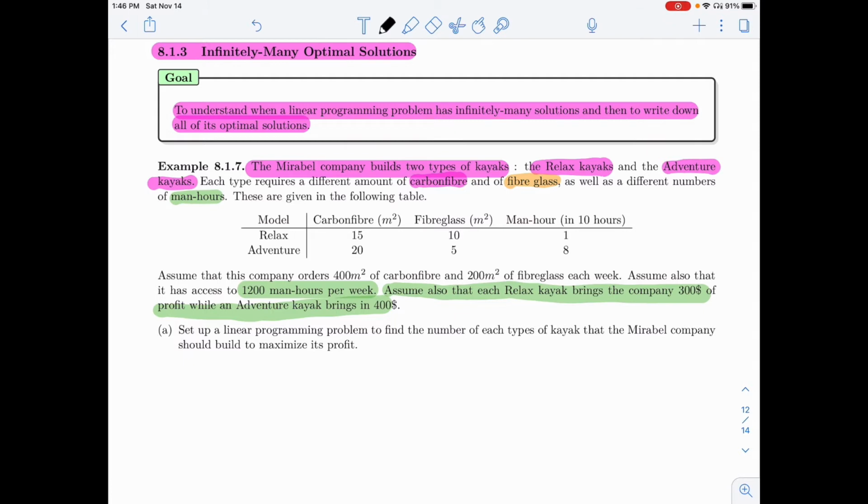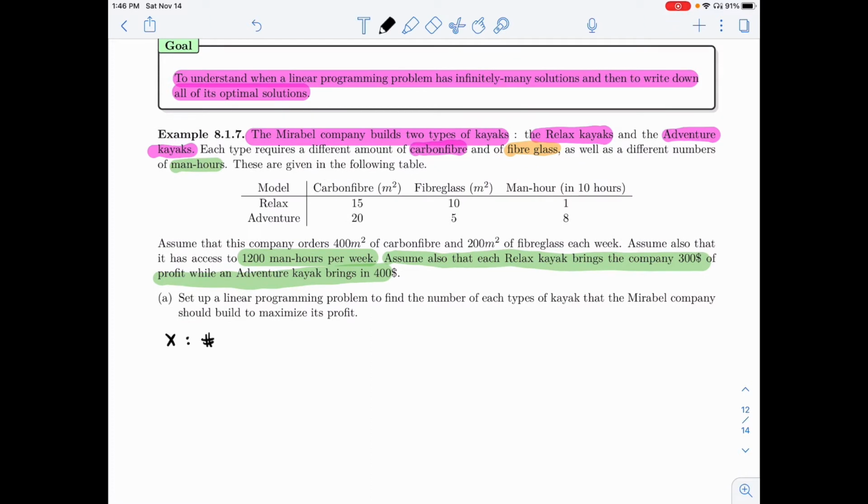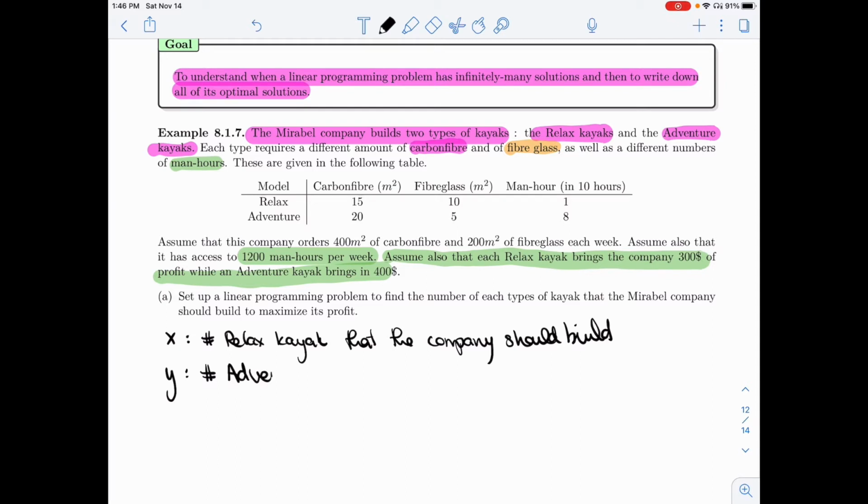Let's start by defining our variables. My first variable, x, is the number of relaxed kayaks that the company should build, and y is the number of adventure kayaks that it should build.